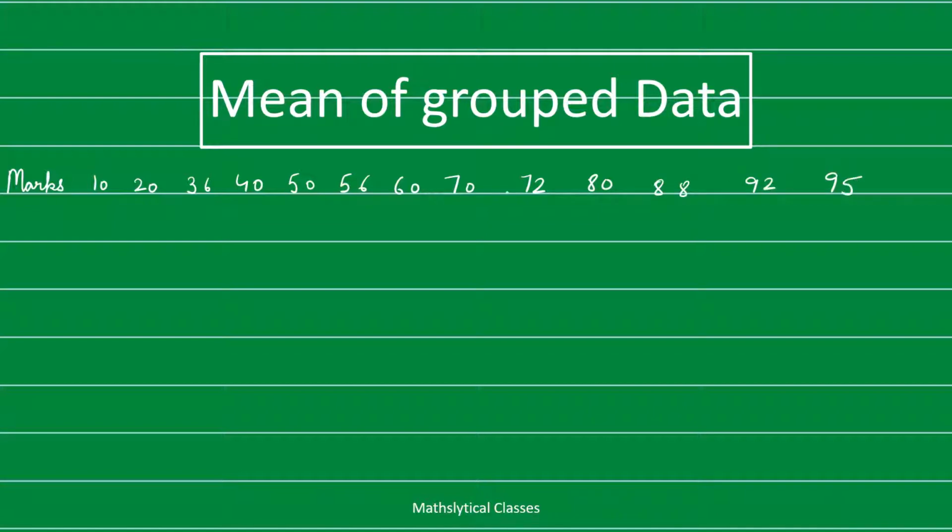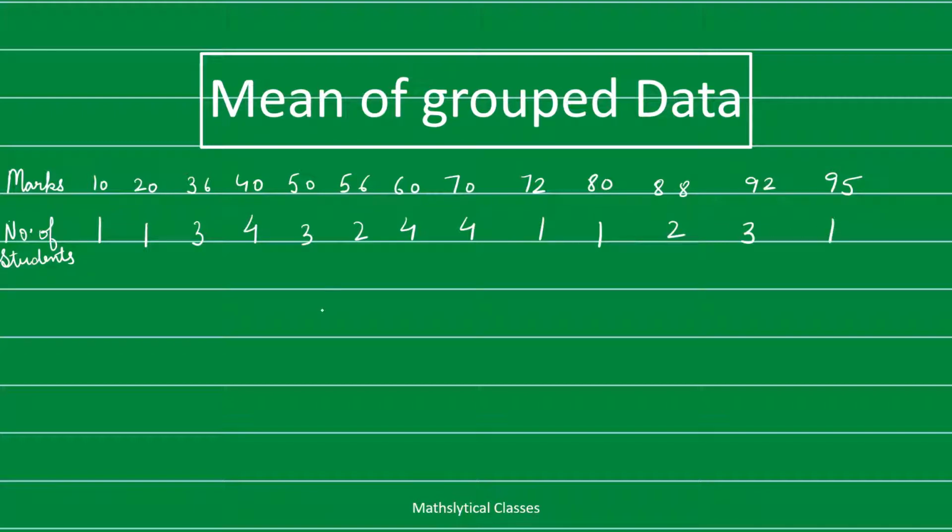So these are the marks out of 100 of a certain test, and the number of students scoring these marks is given. One student has scored 10 marks, one student has scored 20 marks, 3 students have scored 36 marks, 4 students have scored 40, and so on: 3, 2, 4, 4, 1, 1, 2, 3, 1.